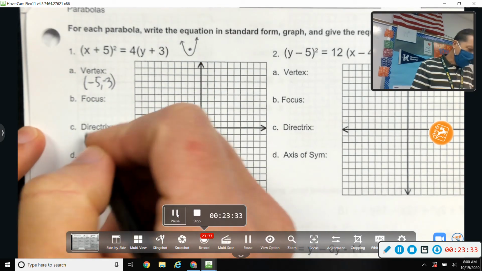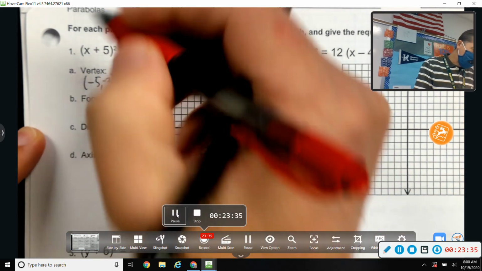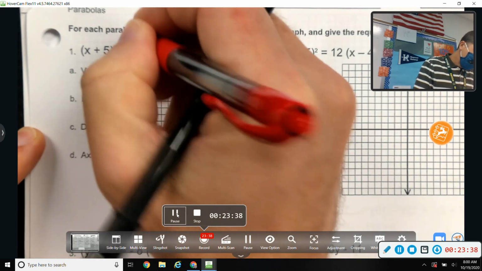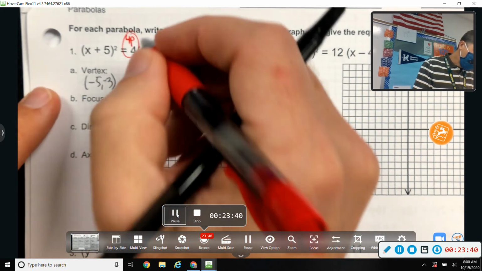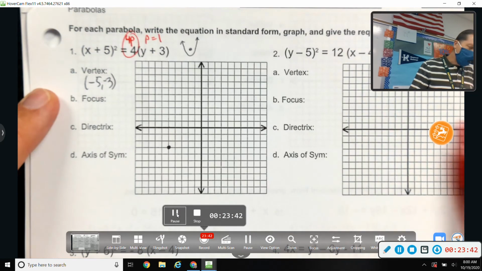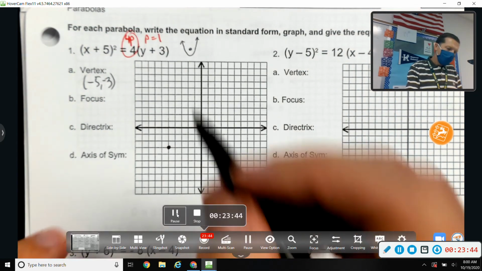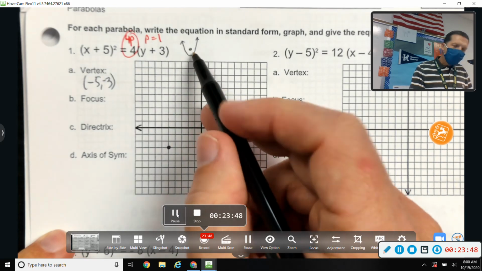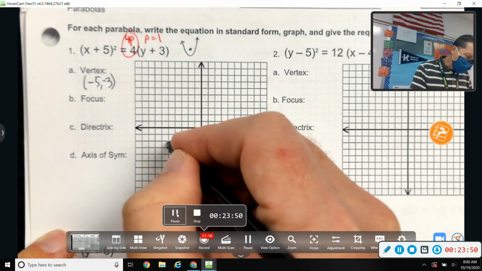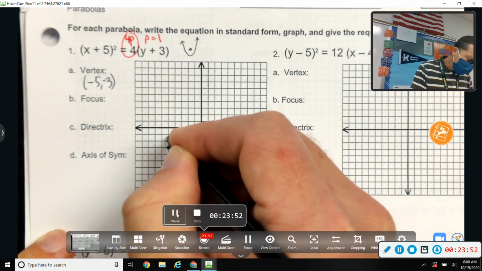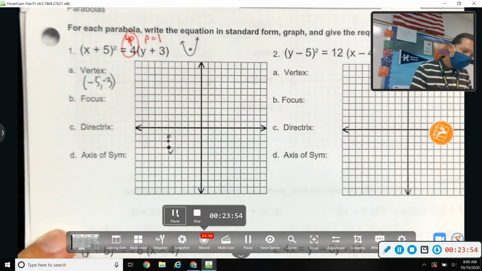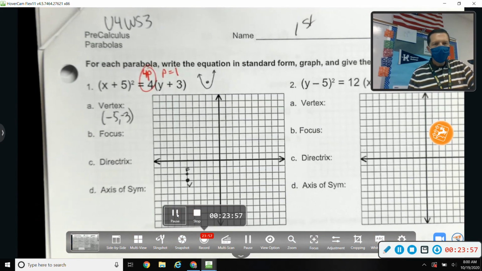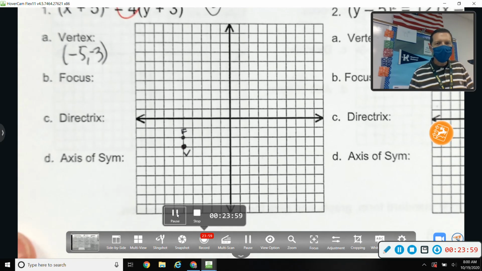Focus and directrix I can't get until I see what P is. But if 4P is 4, that means P is 1. So I need to go 1 away to get to my focus. And my little picture reminds me that 1 away would be up 1. So everything's kind of squinched in close on this parabola.